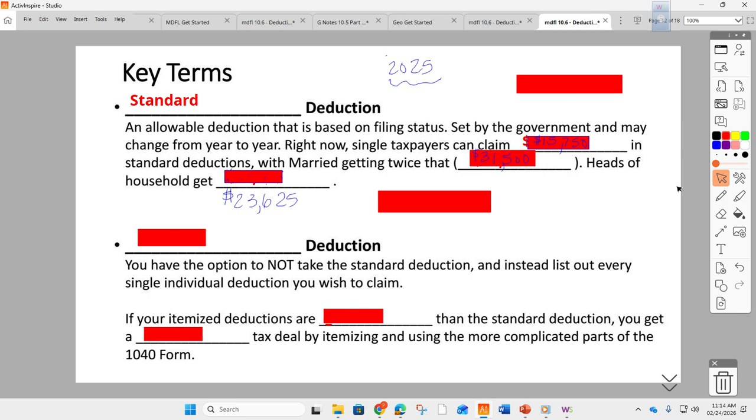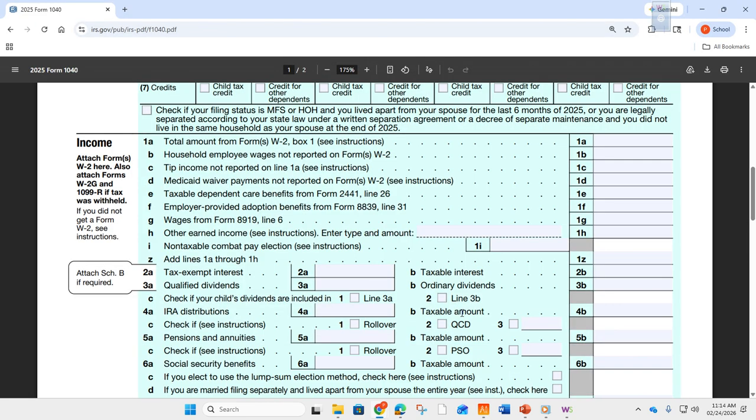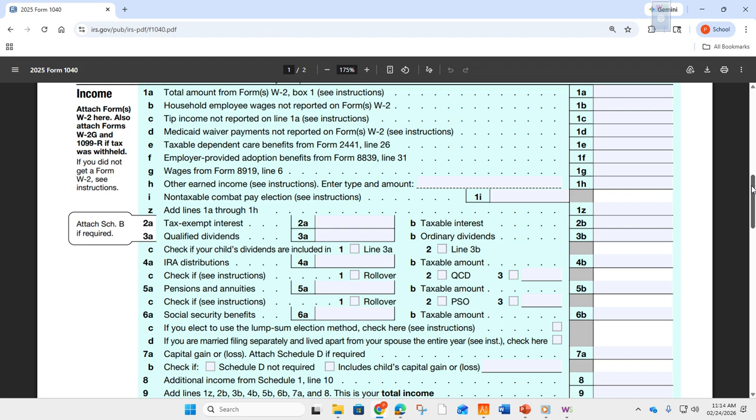Okay, so once we get to these, these are our above-the-line deductions. There are some things that we can adjust our gross income with, right? So we may have to increase our income if we get dividends or tips or something like that. You see here it says household employee wages not reported on the W-2 form. So if for some reason you have maybe a side job that didn't get reported, you're supposed to report it here.